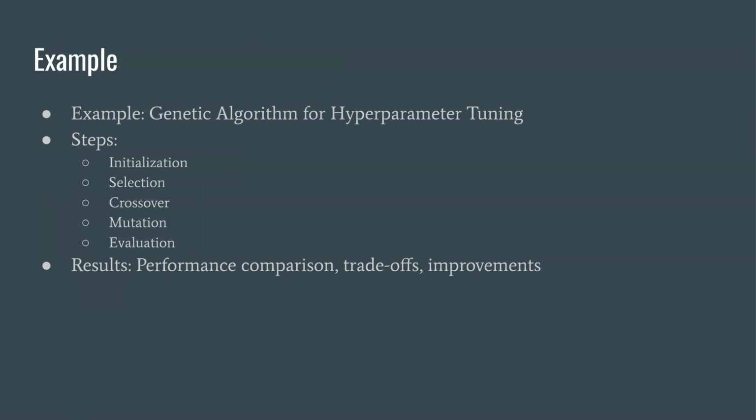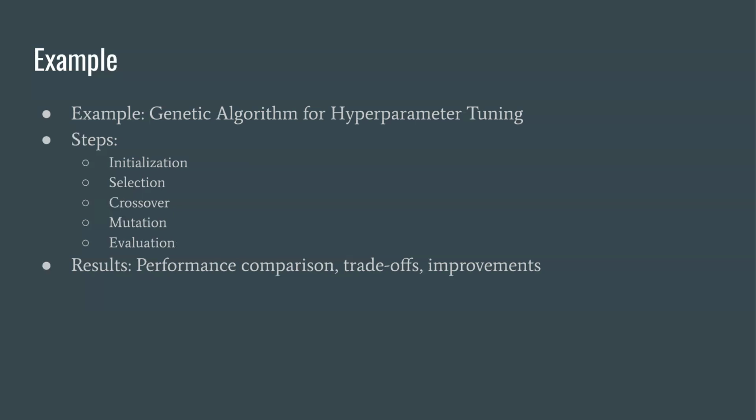Example. We're going to look more into this when we are covering each algorithm, but just to give a brief example, say you want to use a general genetic algorithm for hyperparameter tuning.